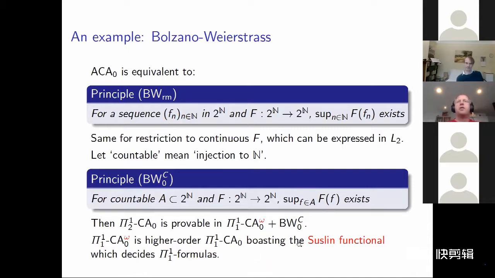The higher order version involves the Suslin functional: instead of comprehension, you have a functional that decides Pi^1_1 formulas. So from Pi^1_1 comprehension, you can go to Pi^1_2 comprehension by just adding the Bolzano-Weierstrass theorem for countable sets in Cantor space following Kunen's definition, namely injection to N. So whether or not you work with sequences or countable sets makes a big difference.